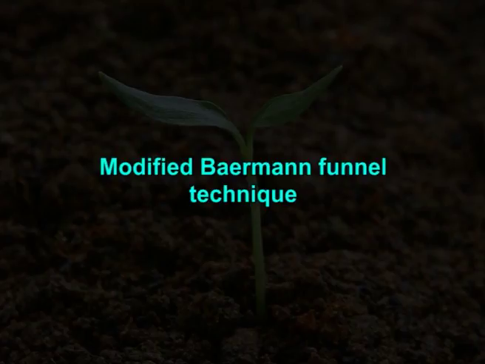Modified Baermann funnel technique. This method makes use of a supporting mesh in order to hold the plant material partially immersed in water. This avoids anaerobic decomposition. At the bottom of a plastic ring cut from polythene or vinyl tubes, a supporting couch mesh is fixed.